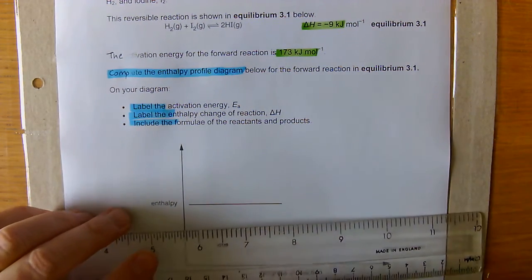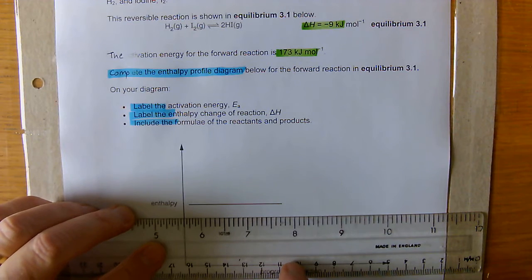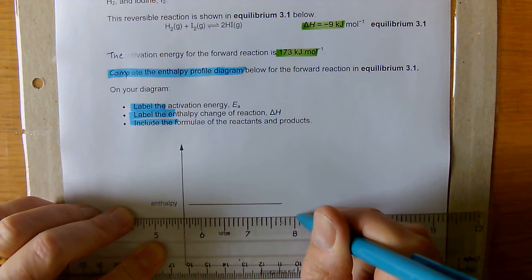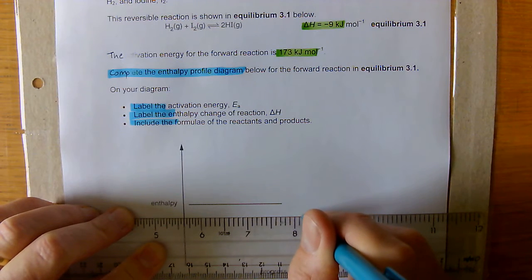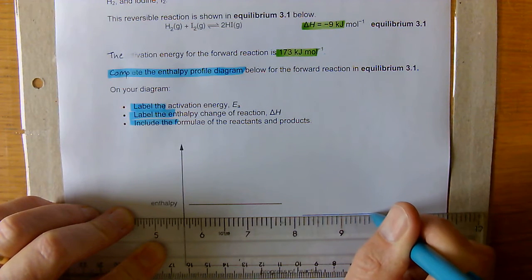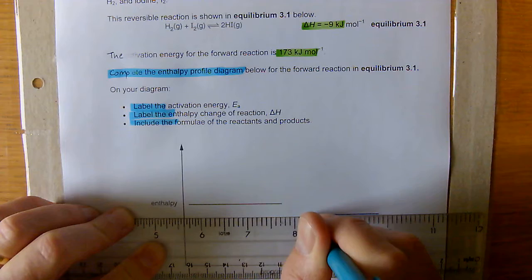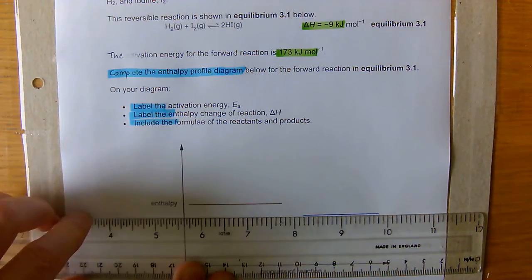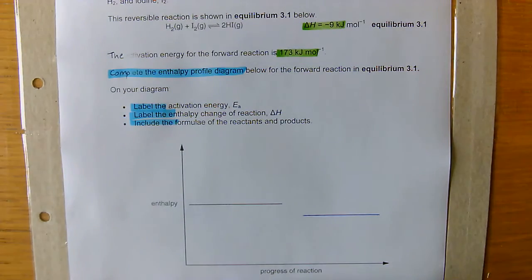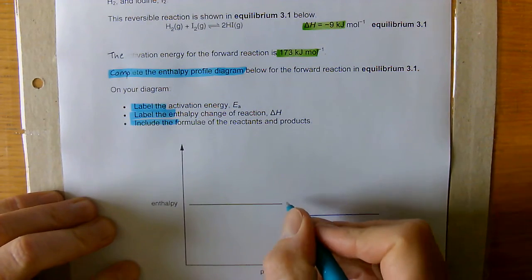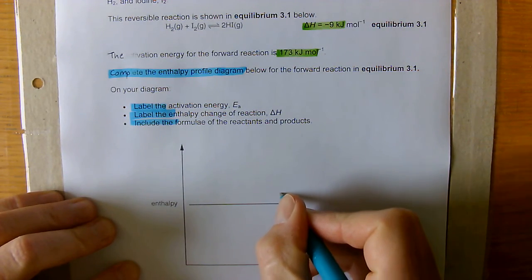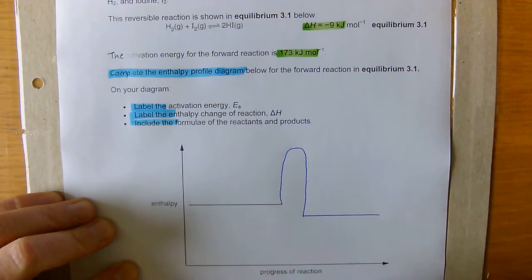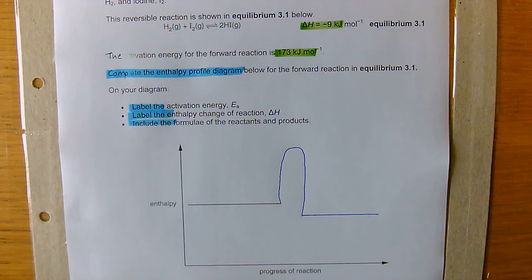It's not very exothermic, it's a relatively small number, 9, certainly compared to the activation energy, so I'm going to draw a line down here for the energy of our products. Because it's exothermic, we are releasing energy, which means our products will have less energy than our reactants. Drawing our activation energy, a much bigger number, so we've got a big hump to get over, up, and then down to here. So that's our basic diagram.